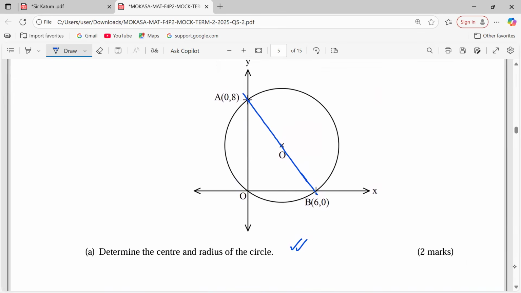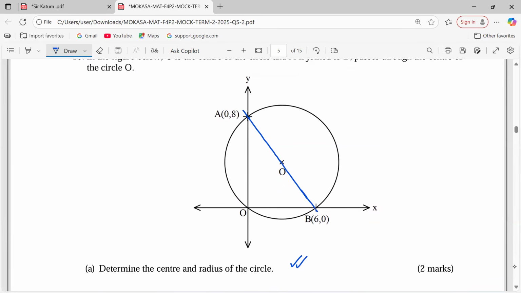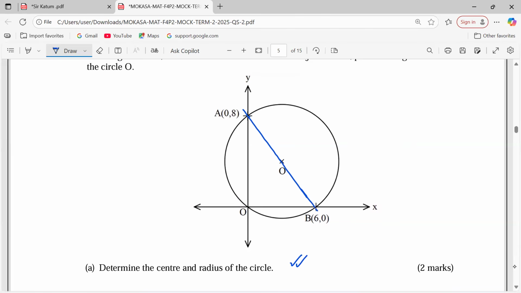So we're supposed to say this. If A and B are connected to pass through the center, then center O of the circle shall be given as the midpoint. How do we calculate midpoint? The first x, 0, the second x, 6, over 2, comma, the first y, the second y, over 2.